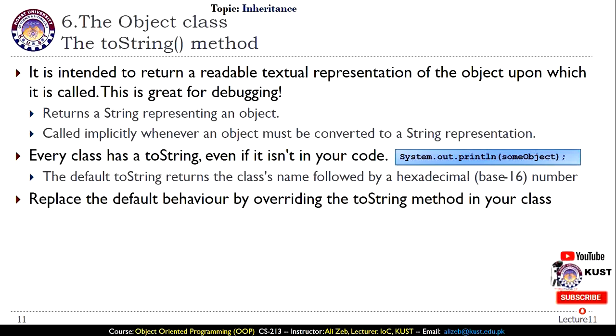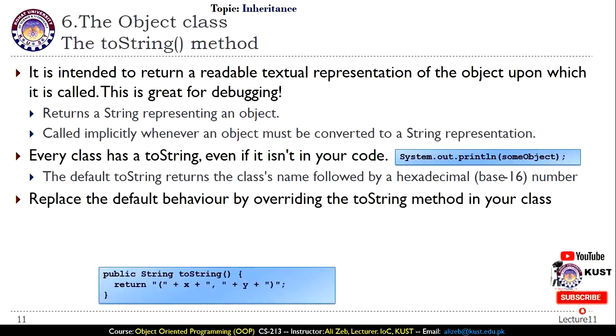What we usually do is we replace the default behavior by overriding the toString method, and we add something of our own to it. We usually add a return statement because it is always supposed to return a string value. We add our own string statement over here and try to return the details of our objects in a format that we like or that we prefer.